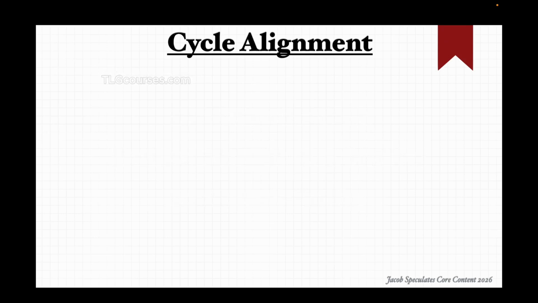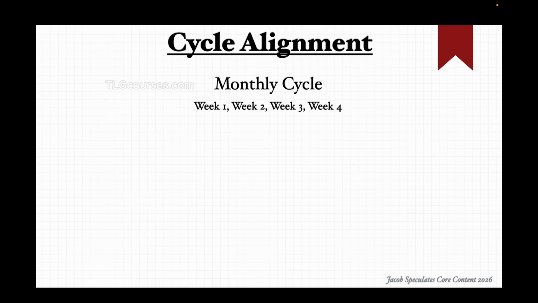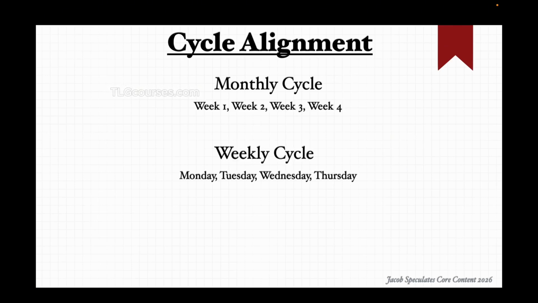Now digging a little bit deeper, within the monthly cycle, you have week 1, week 2, week 3, and week 4. So the monthly cycle deals with weekly quarters, and then the weekly cycle is Monday, Tuesday, Wednesday, and Thursday. So the weekly cycle deals with days of the week.